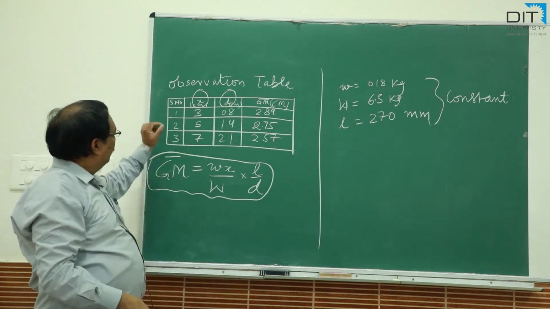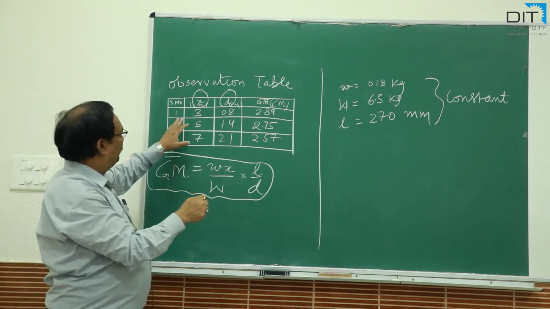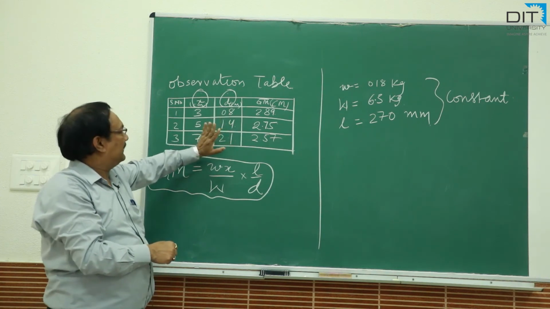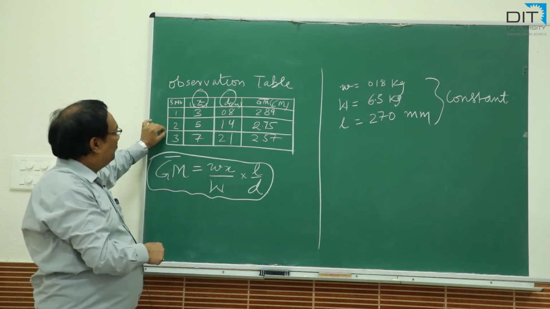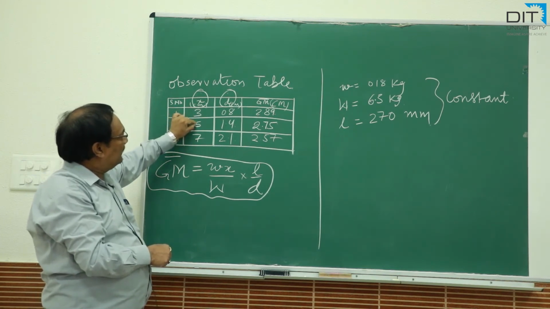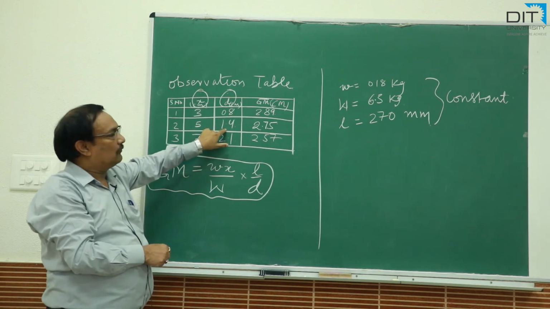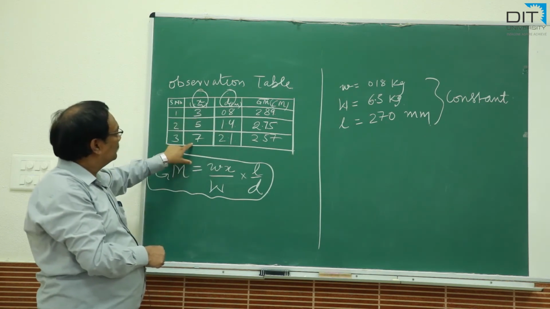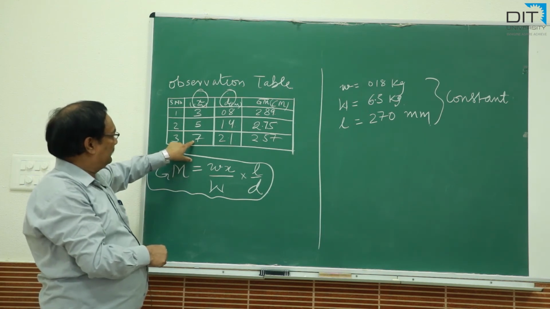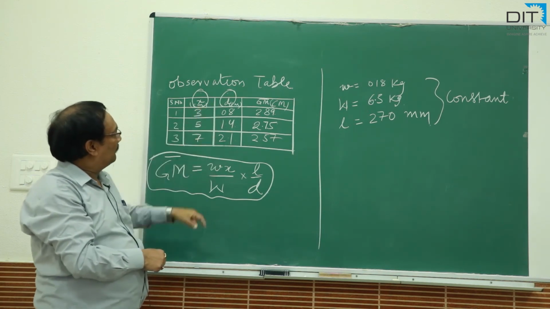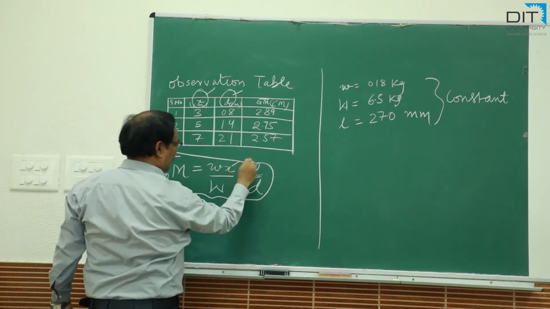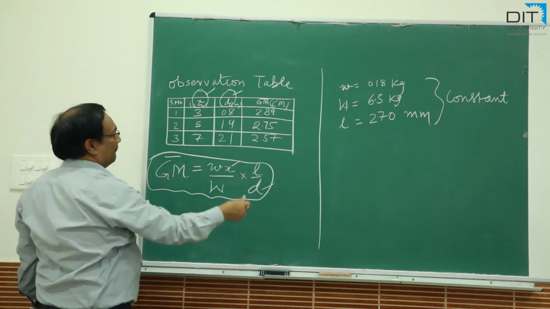Now, if we put a weight 3 cm away from the center, d is 0.8 cm. If we put a small weight at 5 cm away, then d is 1.4 cm. And if we put the small weight 7 cm away from the center, d is 2.1 cm. From this x and d, putting the values here, we can find out metacentric height.